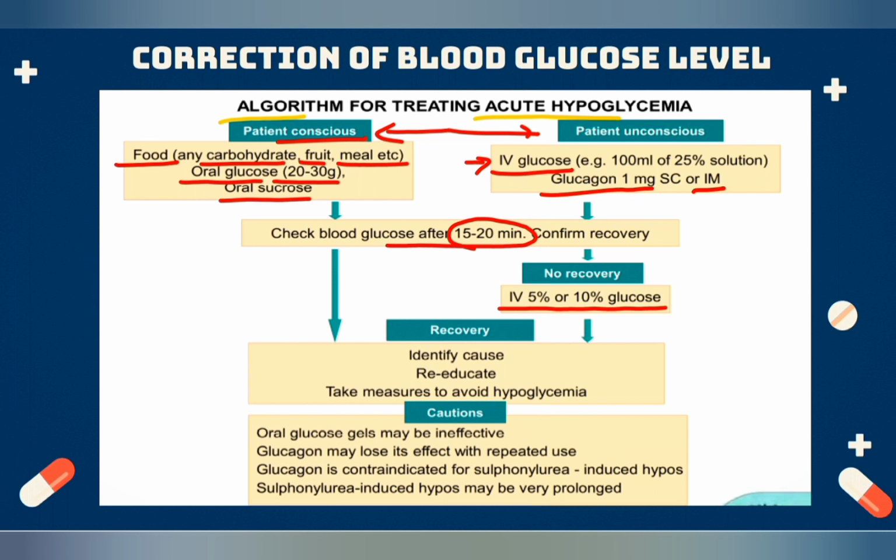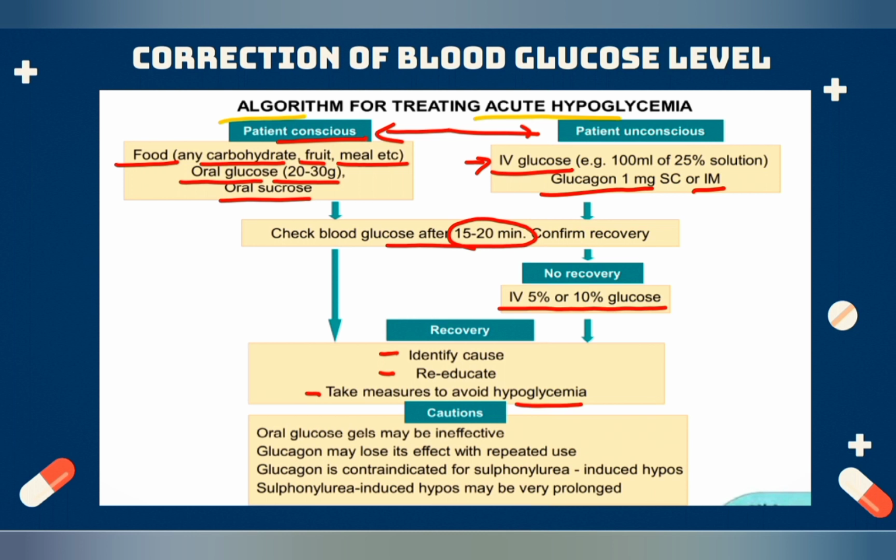If in both conditions the person recovers, then we need to identify the cause of the hypoglycemia. We need to re-educate the patient and the caregivers about the signs and symptoms of hypoglycemia, and to take appropriate measures to avoid hypoglycemia in future.